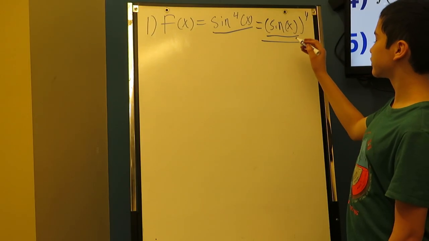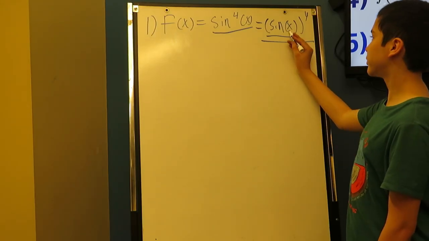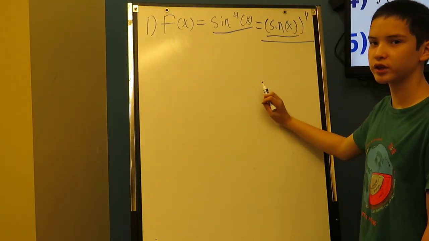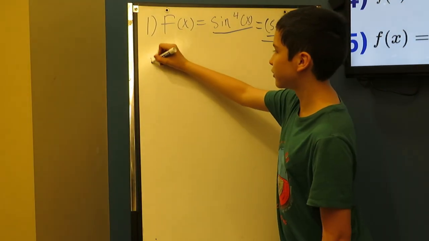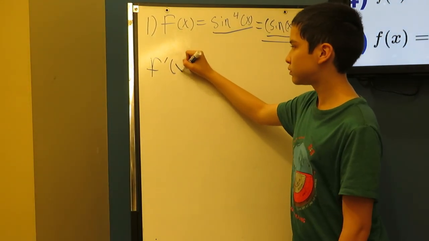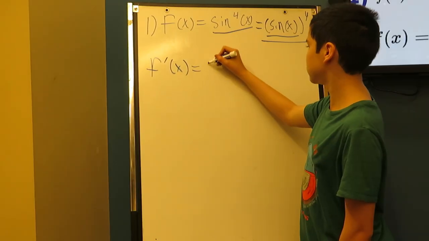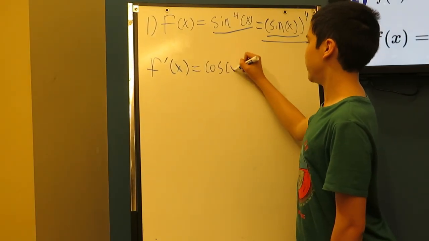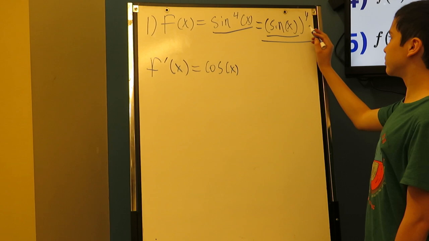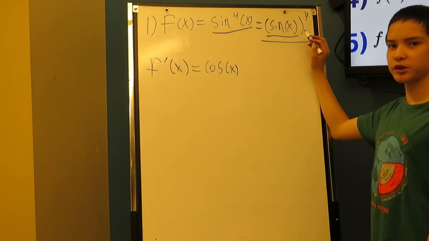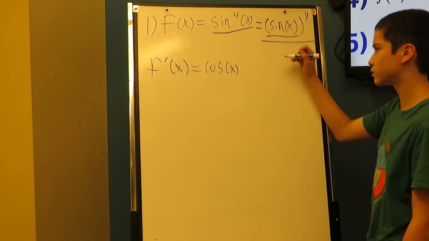First, we can recognize that the derivative of sine of x is equal to cosine of x. So we break that out front. Next, we'll take the derivative of the outer expression with respect to the inner expression.